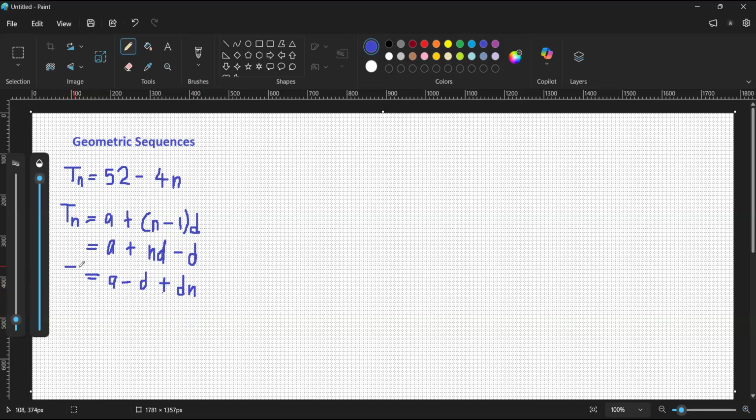All this while Tn is on the left-hand side, and we'll compare this Tn to the original Tn from the question. So A minus D is sitting exactly where it should be.